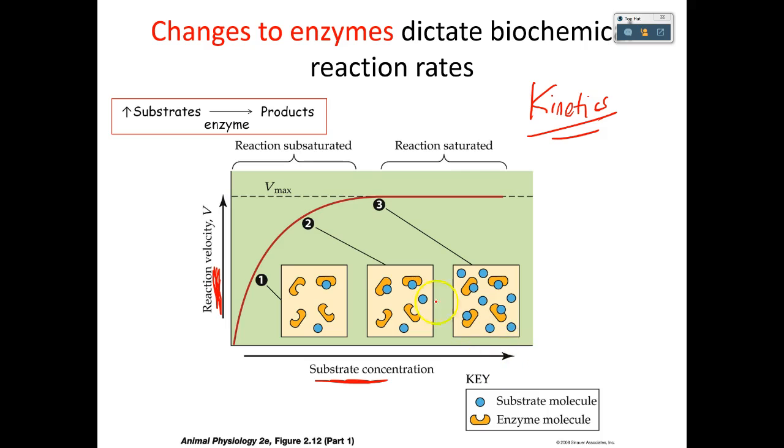In this case, the amount of enzyme, here in yellow, is held constant. The substrate is blue. As you titrate in more and more substrate, initially when there's very little substrate, every substrate molecule in blue will end up finding an enzyme molecule. And as you add more substrate, the reaction quickly starts getting faster and faster, right?